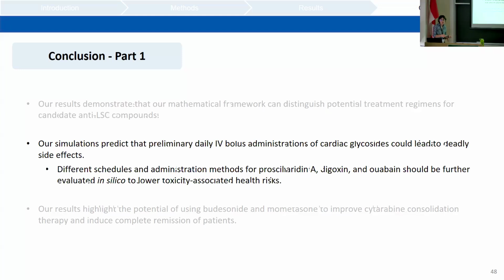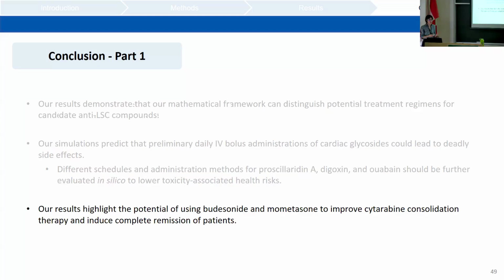So we would need to evaluate more in silico how different schedules and administration methods for those 3 cardiac glycosides can be changed to lower this toxicity-associated risk. And finally, it highlights the potential of using budesonide and mometasone to possibly improve cytarabine consolidation therapy and induce complete remissions of patients. Yes. Questions about the model structure.